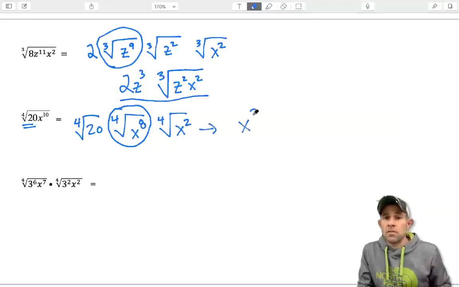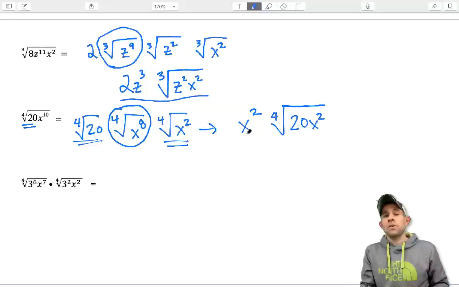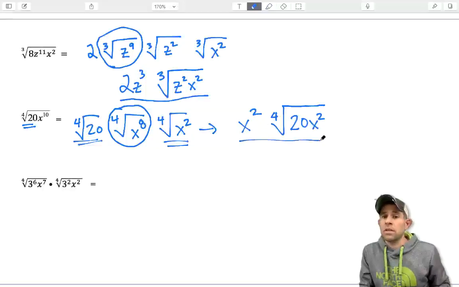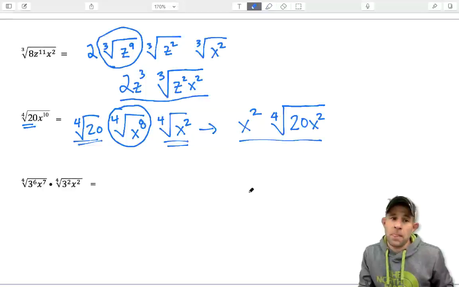So this is x squared, and then the fourth root of 20 and the fourth root of x squared just need to remain underneath that fourth root. So I'm going to push those back together, and our final simplification goes like this: x squared times the fourth root of 20x squared.